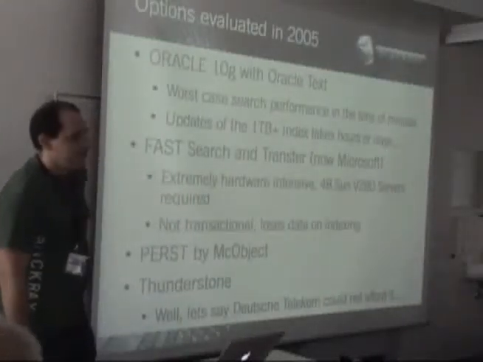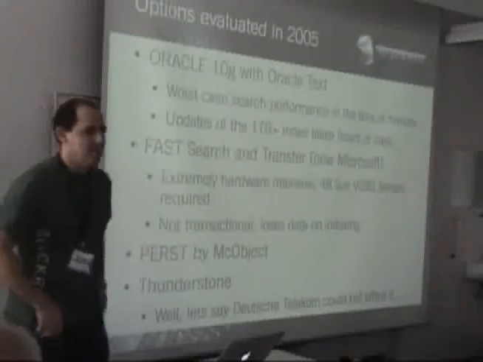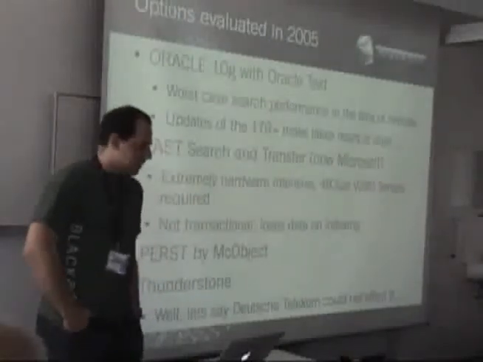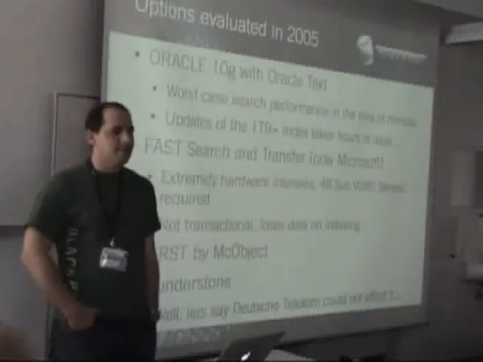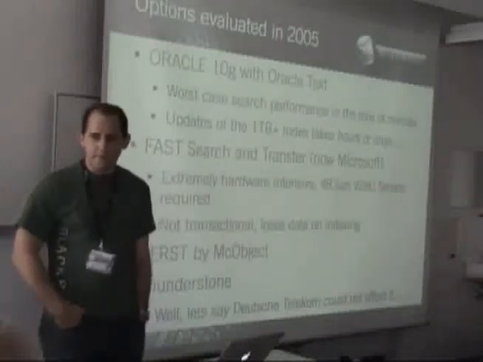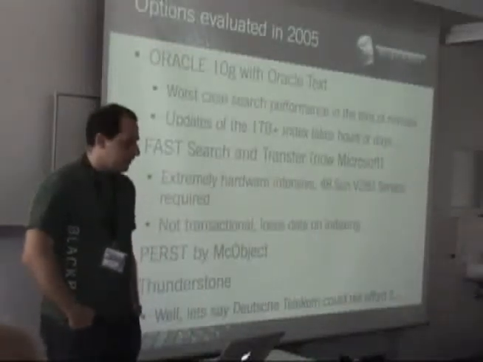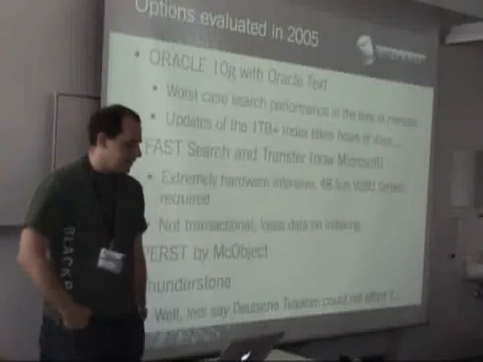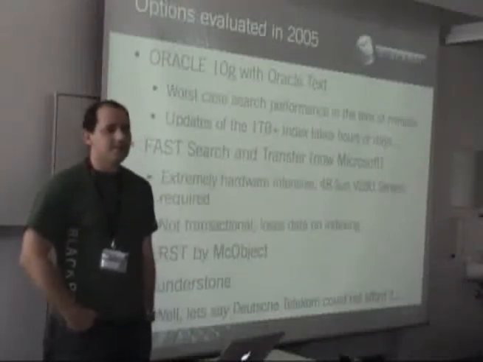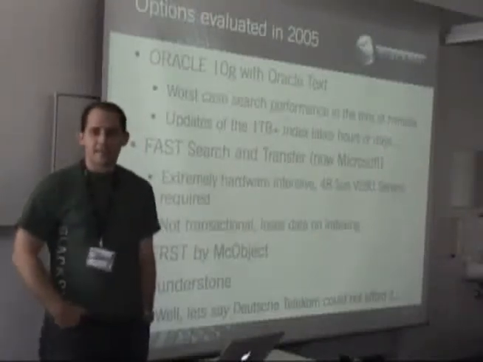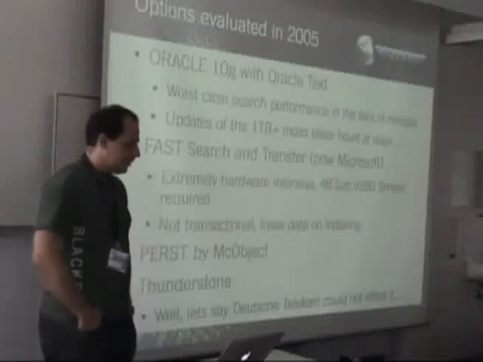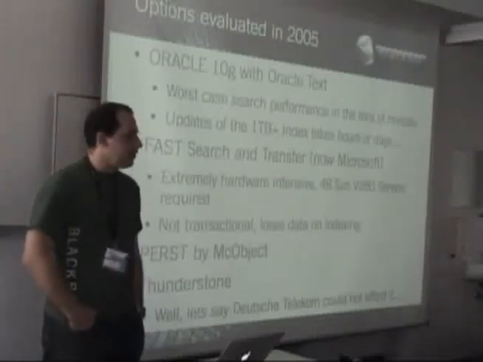In 2005, same client, similar problem. They came back to us and they said, now build it again, but now not for the web, now for the call center. And again, this is a complicated client, lots of requirements, lots of consultants talking to them. And we evaluated quite a few options.